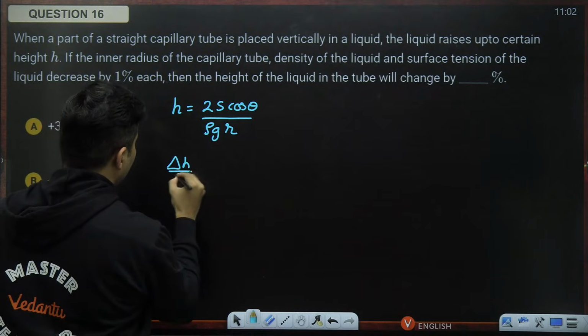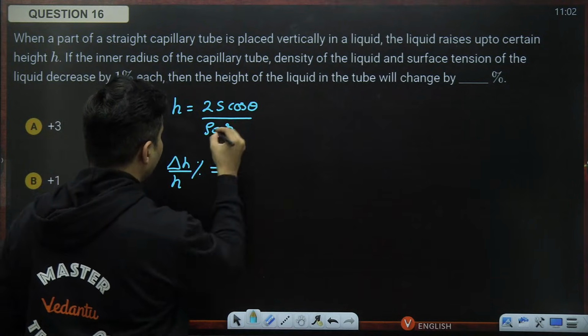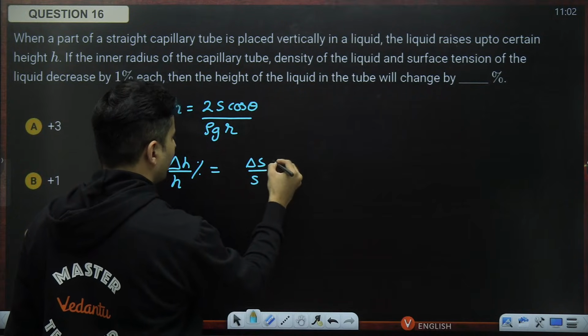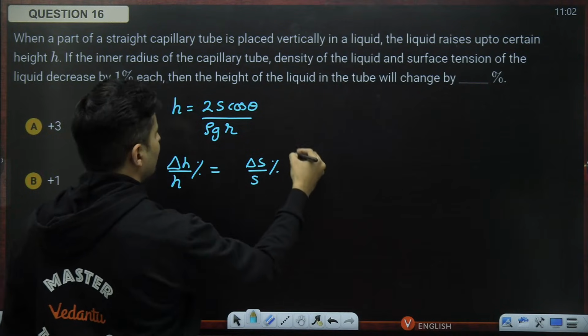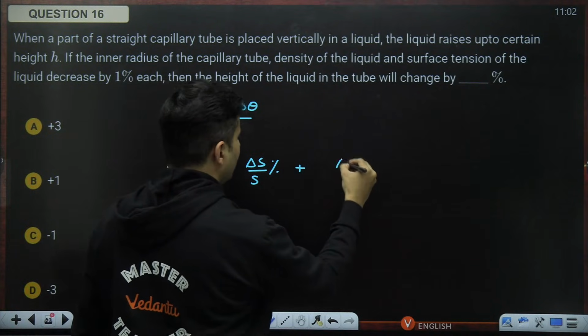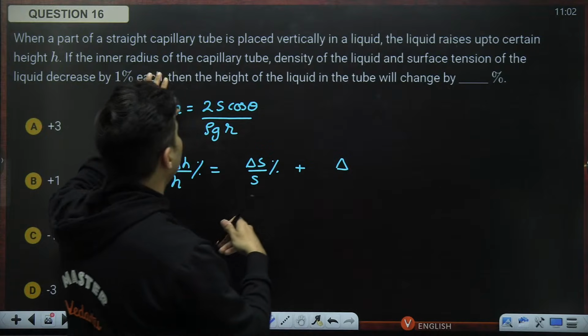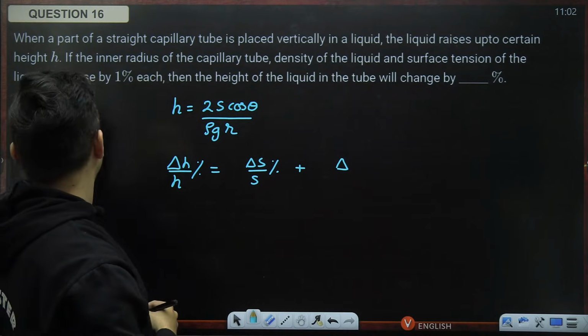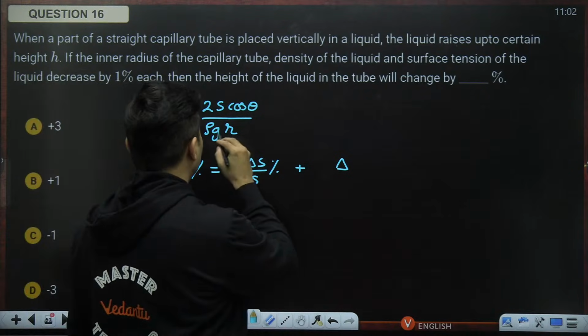So delta h by h in percentage will be, forget 2, delta S by S in percentage. Cos is not changing, plus delta rho, the density is changing. Oh, the inner radius, density, and surface tension, okay, g is not changing.